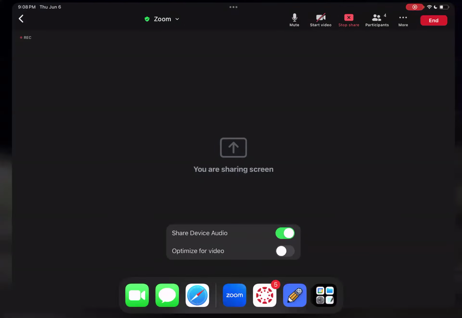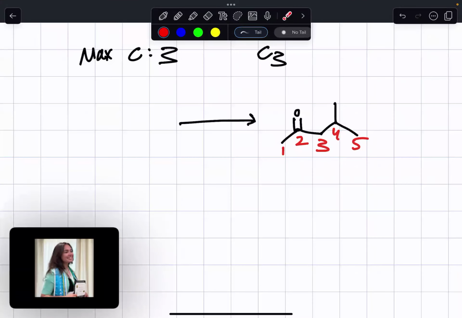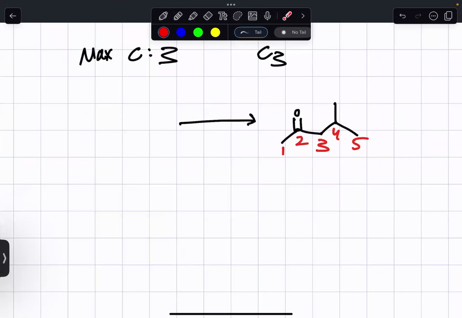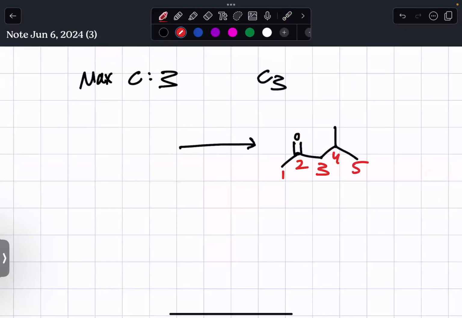What do you notice about the methyl group relative to the carbonyl? What position is it: alpha, beta, gamma, delta? It's beta. Yes, so this is alpha, beta.